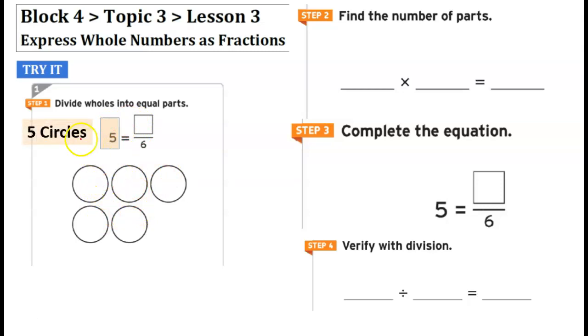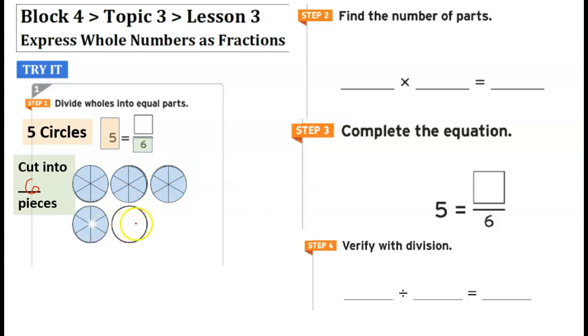We're going to divide that, so there's 5 circles, 1, 2, 3, 4, 5, and we're going to divide them into 6 pieces. Same thing here, same thing there, same thing there, same thing there. Now in your examples they go over a different method of calculating what is that missing piece.